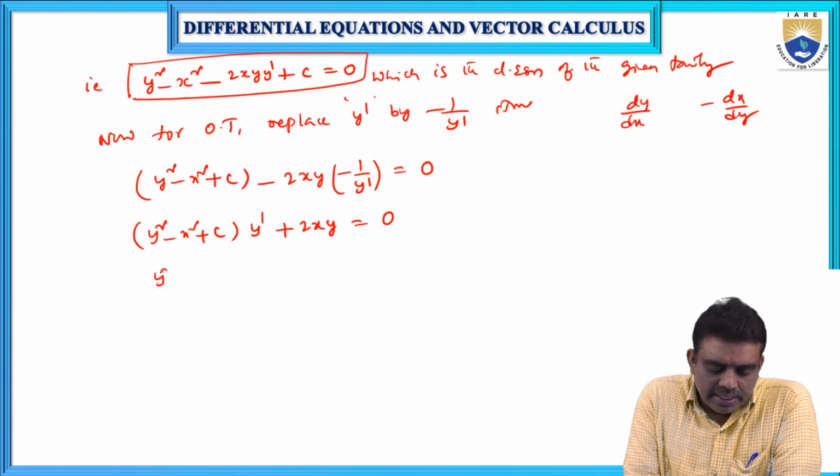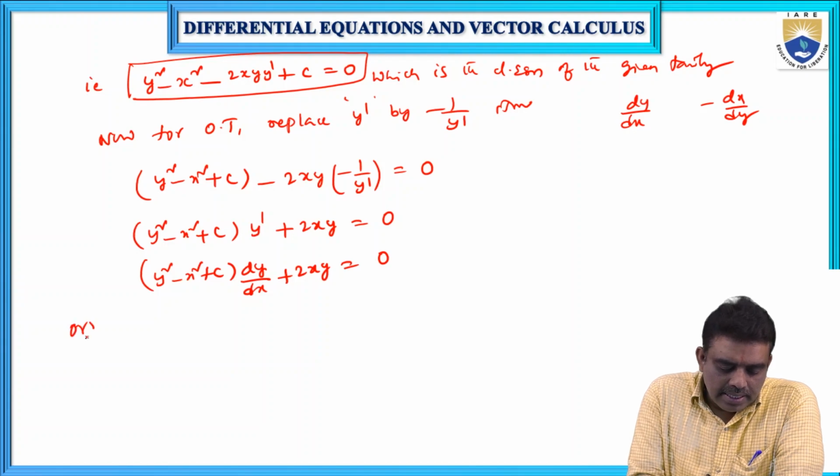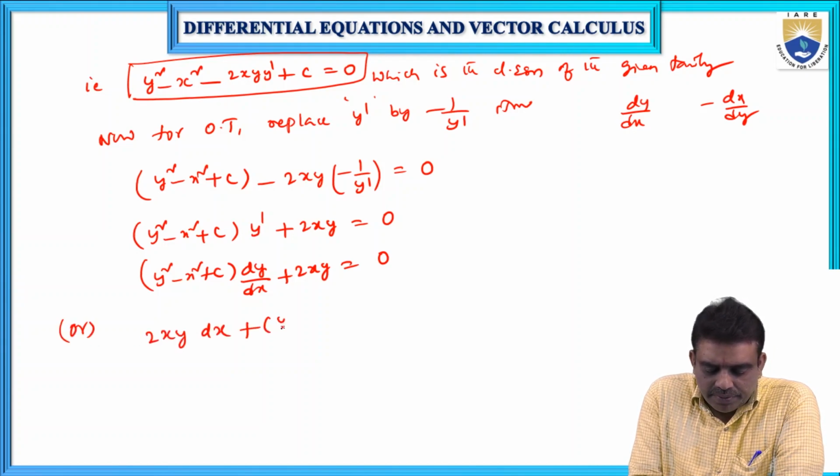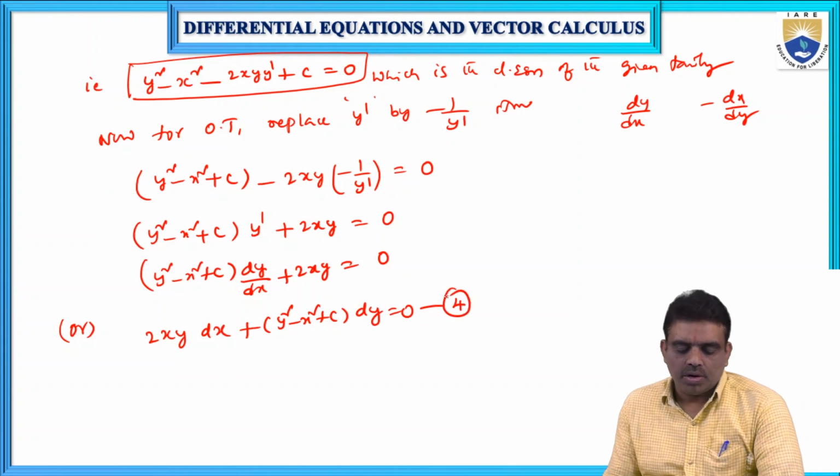That is, y square minus x square plus c into dy by dx plus 2xy is equal to 0. I can write this as 2xy dx plus y square minus x square plus c of dy is equal to 0, which is equation number 4.